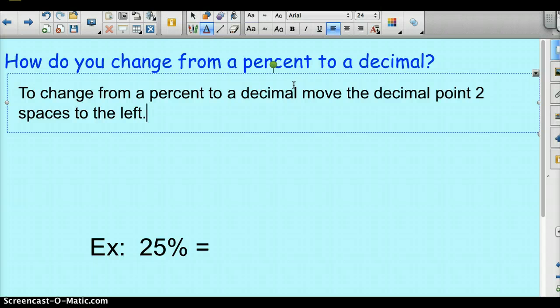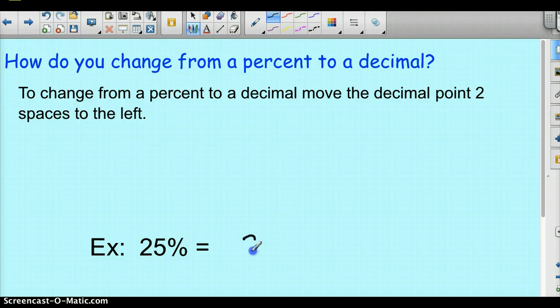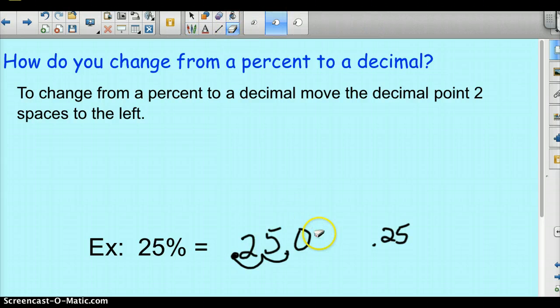Let's take our example down here. If we had 25%, that's like 25.0%, the decimal point comes after the 25 in that case. You move it 2 spaces to the left and leave it there. We would call that 0.25. So pretty simple stuff. As I said, find your decimal place and just move it 2 spots to the left whenever you're making this conversion.